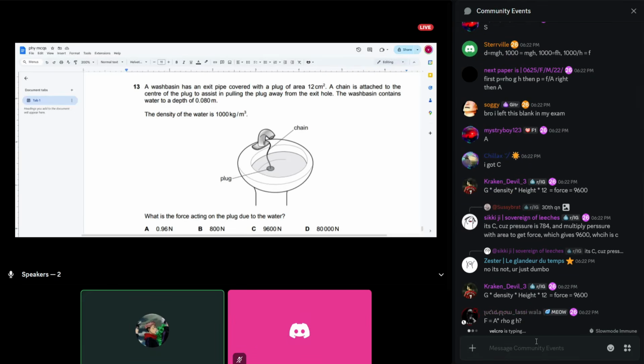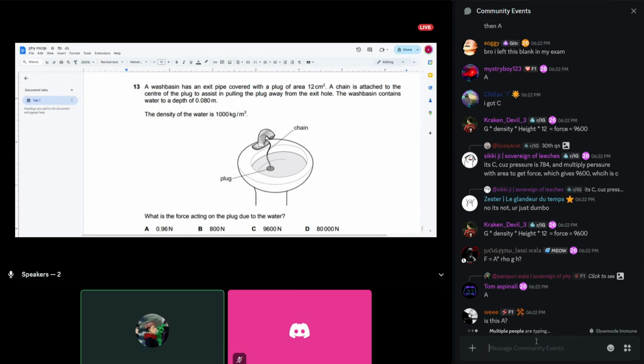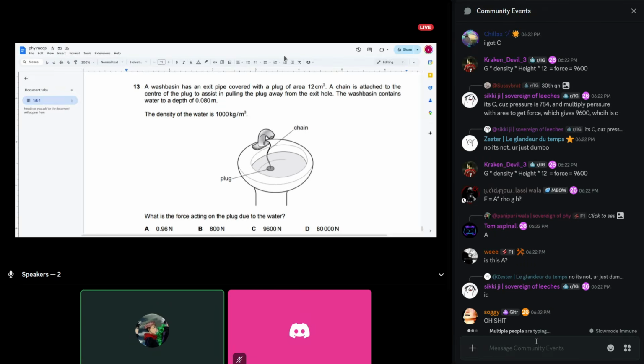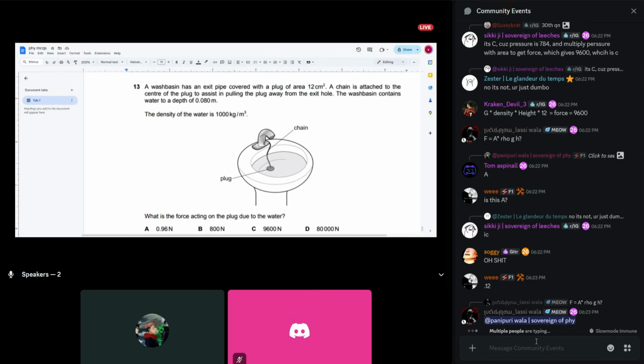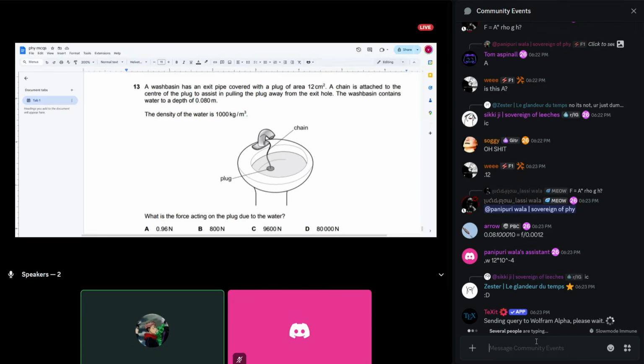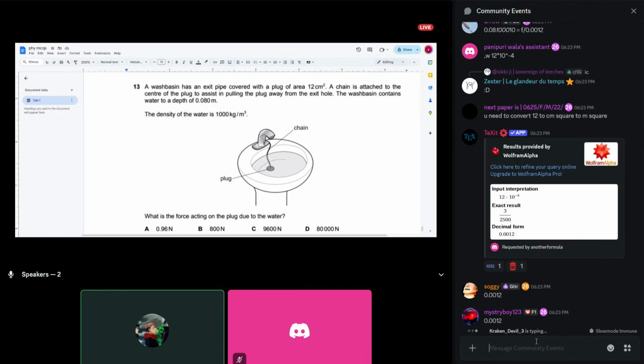Yeah, see, that's the issue. It's not. You guys have got it completely wrong. You forgot to convert. 12 centimeters square becomes, you guys forgot to convert this, so it's 0.012.